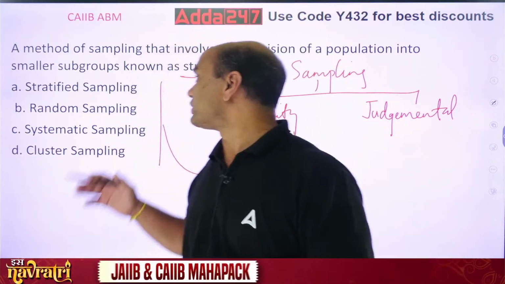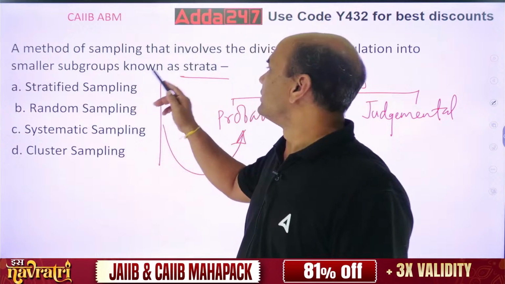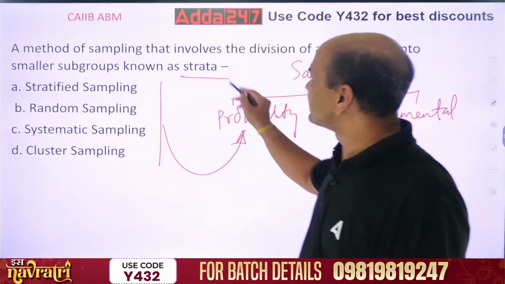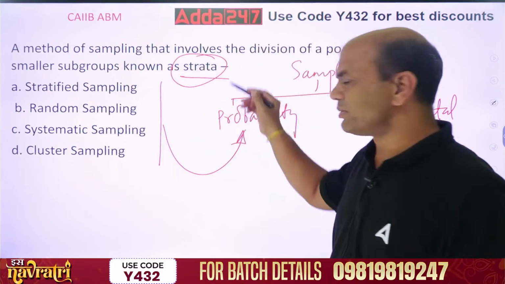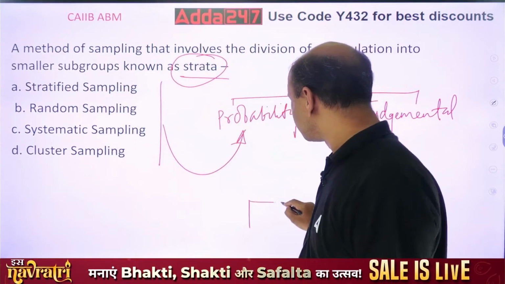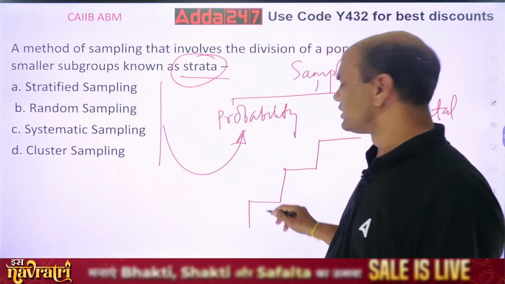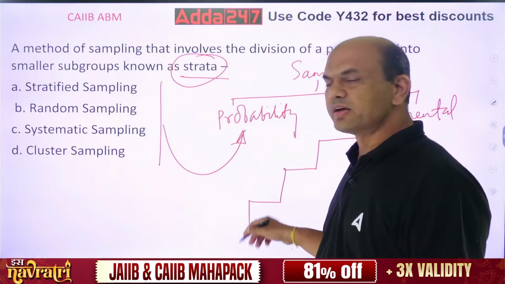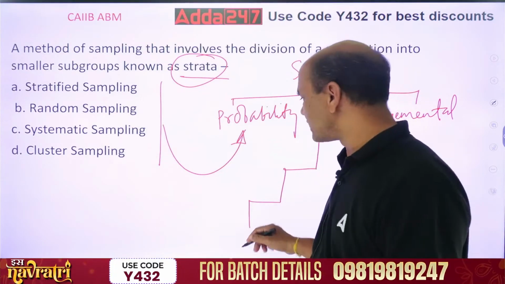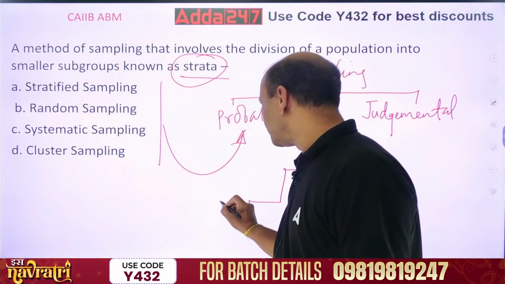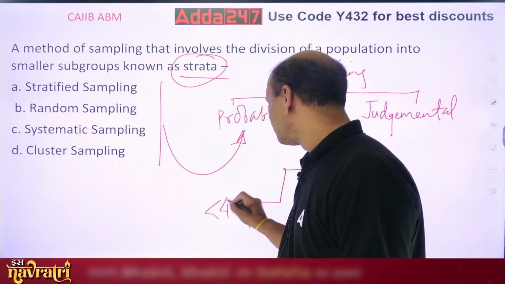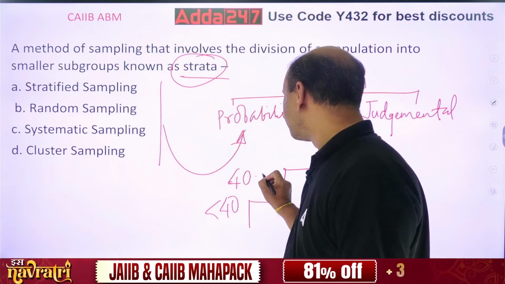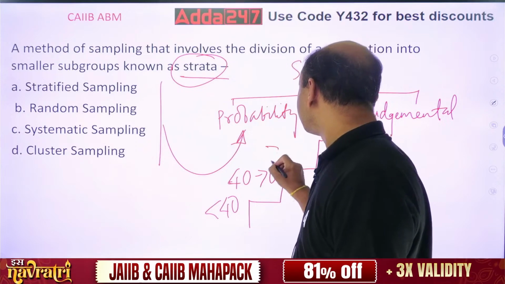So now the question is: the method of sampling that involves division of population into smaller subgroups called strata. What do you mean by strata? Strata means steps like this. Students having the percentage below 40, 40 to let's say 70, 70 to 100.